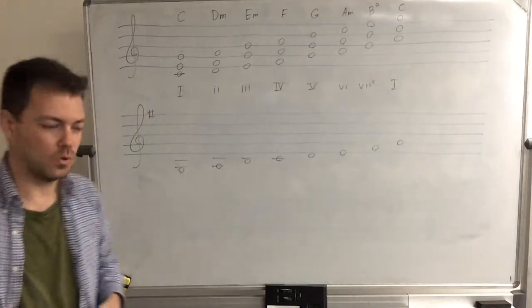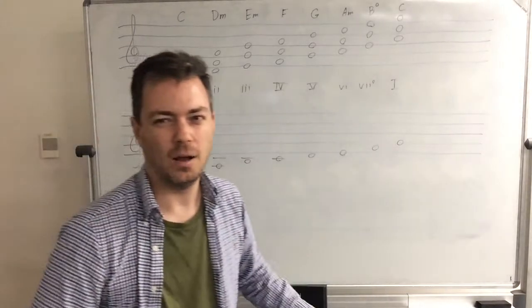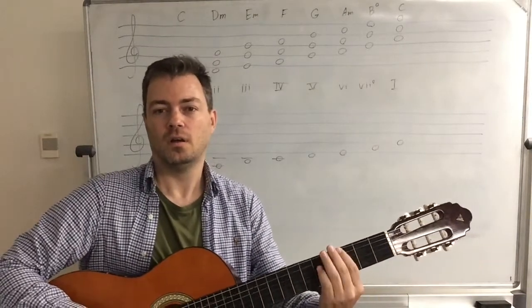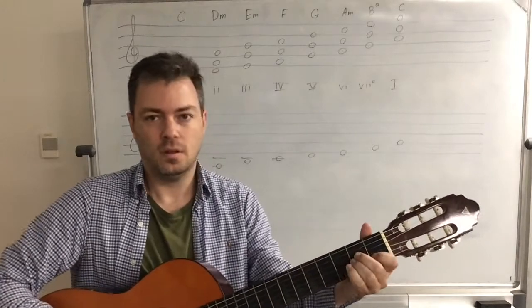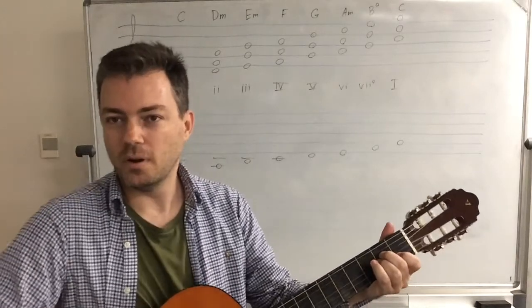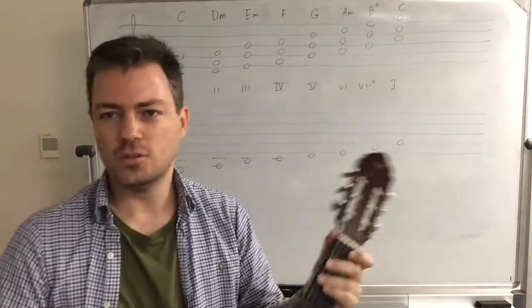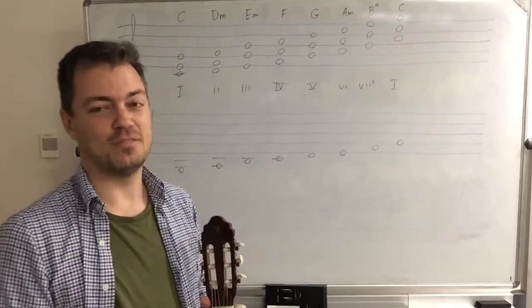There are thousands of songs that use those. Let me play a couple of them. I'm Yours by Jason Mraz uses 1, 5, 6, 4. A lot of Ed Sheeran songs use 1, 5, 6, 4.